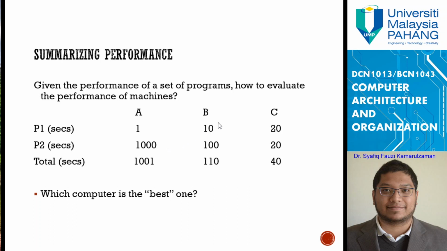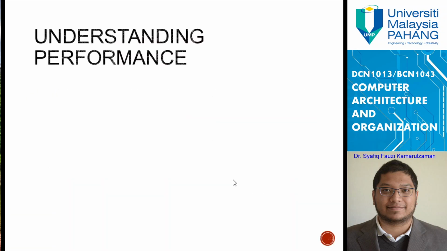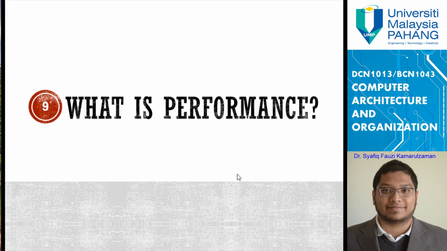For PC B, program 1 is 10 seconds and program 2 is 100 seconds. For C, program 1 is 20 seconds and program 2 is 20 seconds. So which one do you think is the best? Most of you might think C would be the best, since overall it took only 40 seconds. That is somehow correct.